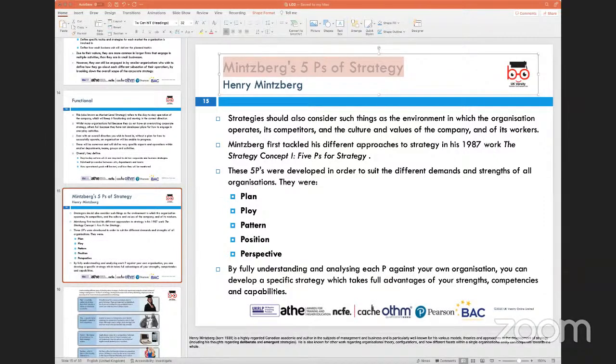He was of the opinion that any company which looks at deploying a particular plan or set of activities needs to do it while ensuring that it meets these 5 Ps, which are required for the achievement of that strategy.